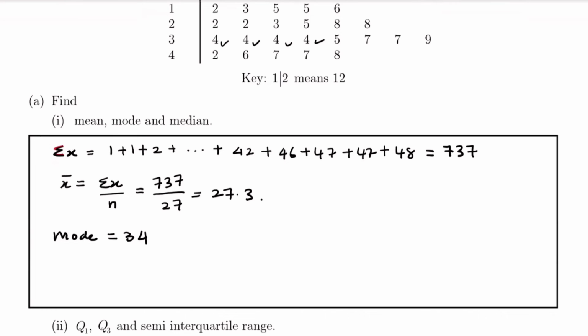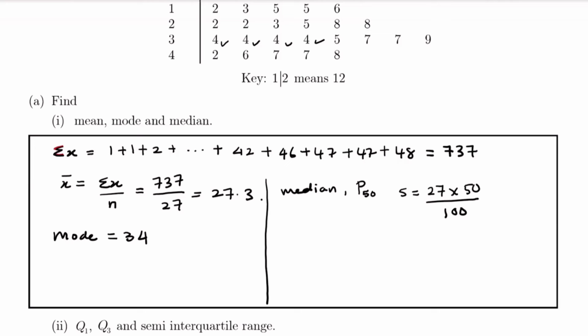And lastly, for the median, it's the half of the data, which is 50% of the data. So we find s first, which is the total number of days, 27, times 50 over 100.